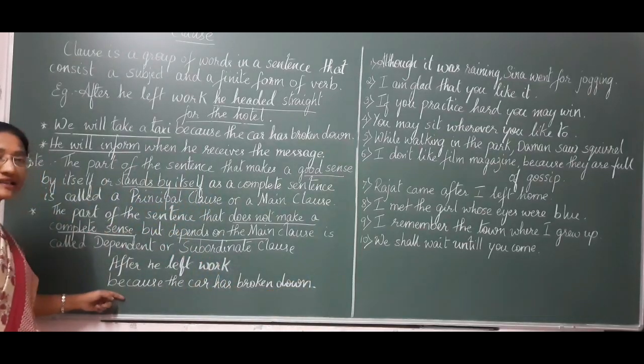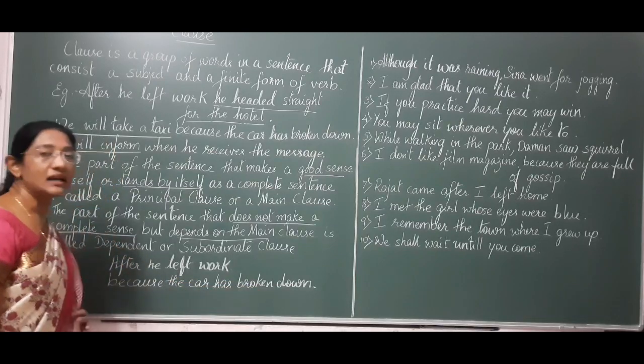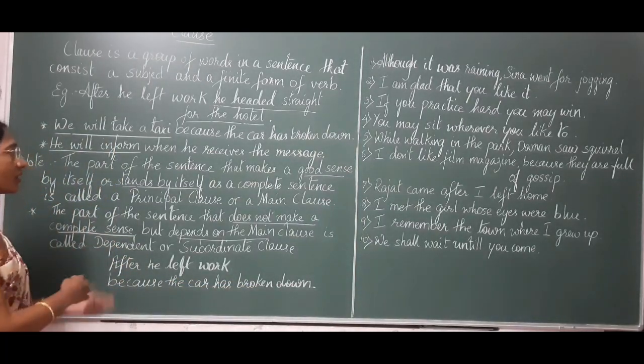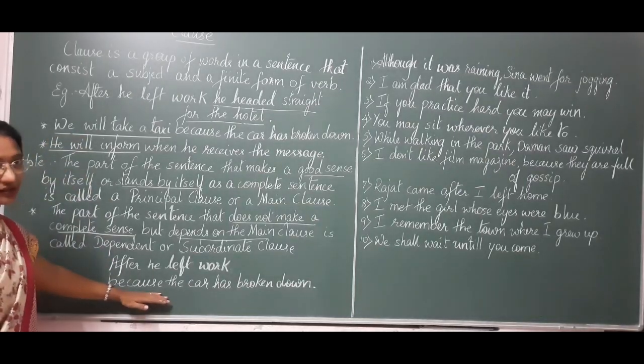The part of the sentence because the car has broken down does not give a complete sense and it depends on the main clause. So it is called a subordinate clause.